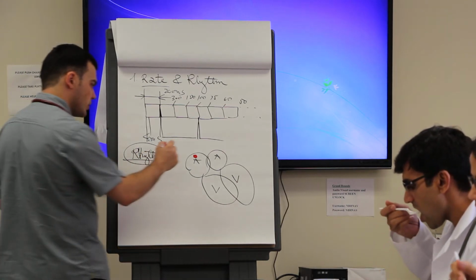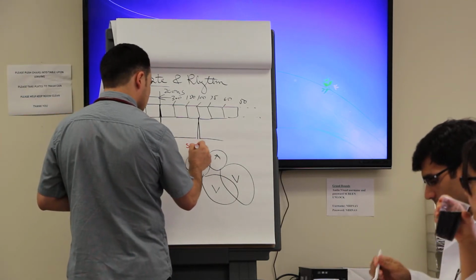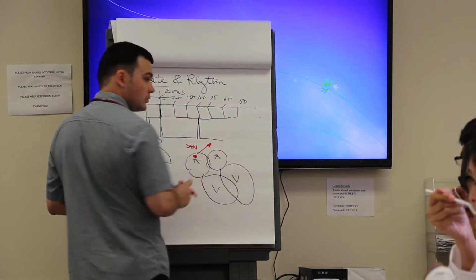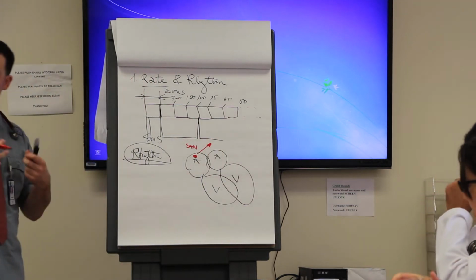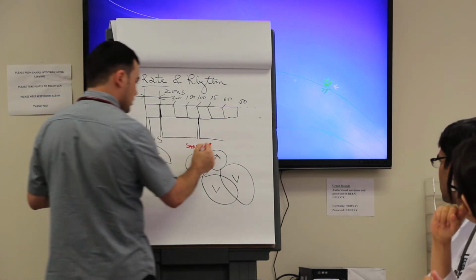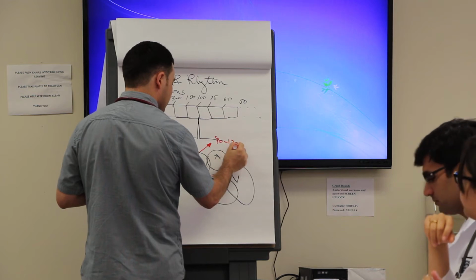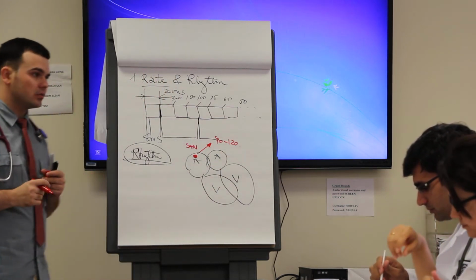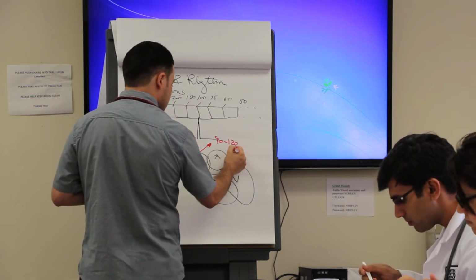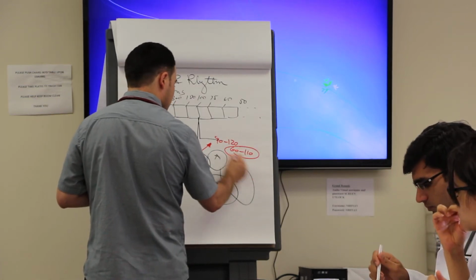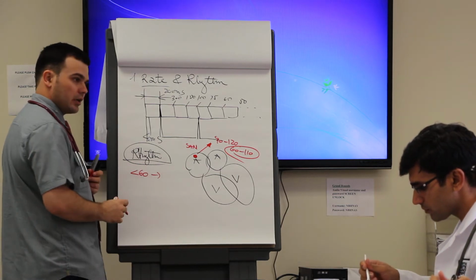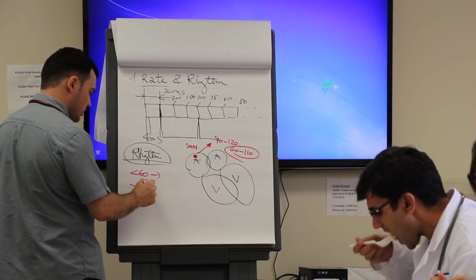So this little guy fires at about what rate? The intrinsic rate, the automaticity of the signal, is around 90 to 120. And because you have the vagus nerve, your usual patient rate is going to be 60 to 110, and that's your normal range. Anything below 60, you're bradycardic, and anything above 110, you're tachycardic.